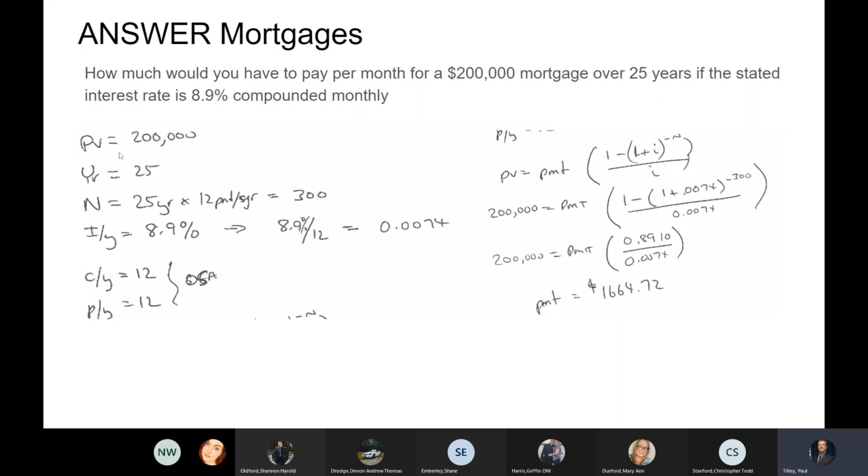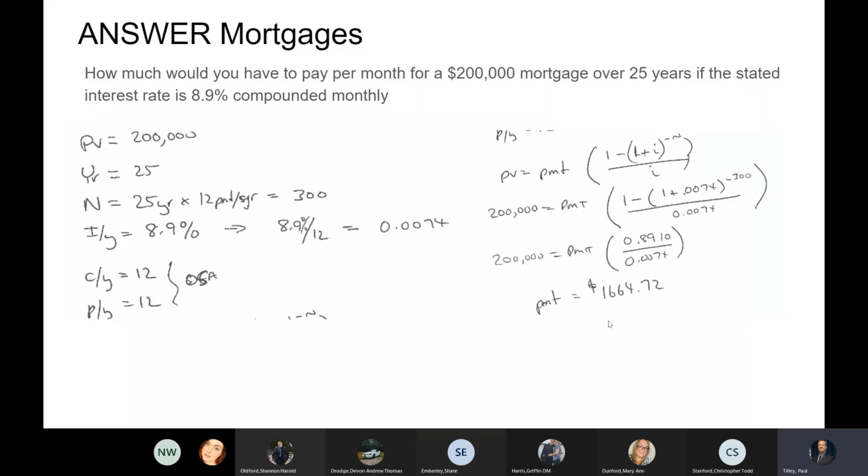So the present value of the mortgage is $200,000, 25 years. Well, there's 12 payments a year for 25 years, which is 300 payments. The interest rate per year is 8.9%, divided by 12, seeing we've got a monthly interest rate, and that comes to a decimal 0.0074.